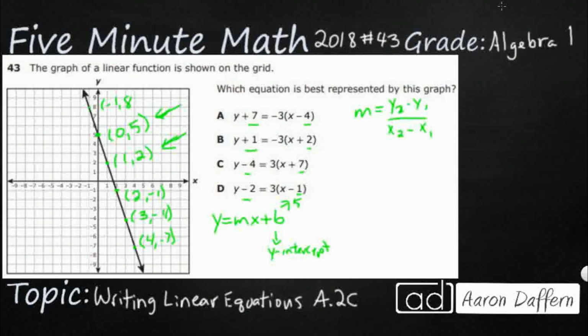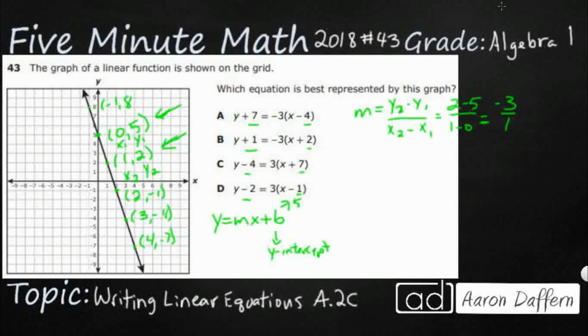So let's just label them, though, to make sure we've got them correct. That's going to be my y1, my x1. That's going to be my y2 and my x2. So that's going to be 2 minus 5 over 1 minus 0. Gotta love that. So my denominator is just going to be 1.